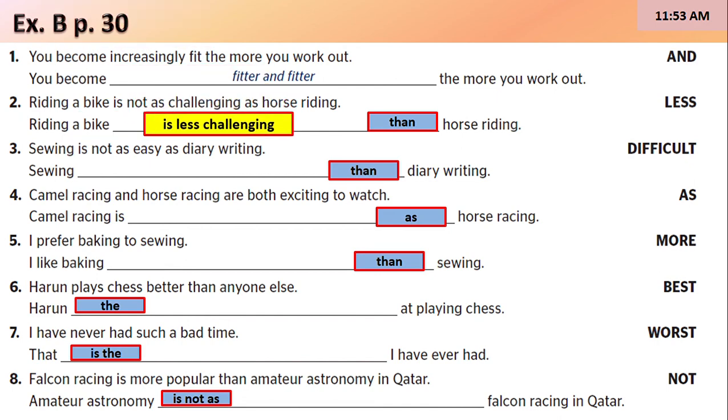Is less challenging than horse riding. Bravo, excellent. Number 3, swing is not as easy as diary writing. Then swing is more difficult than... Okay, it's very easy for you now.